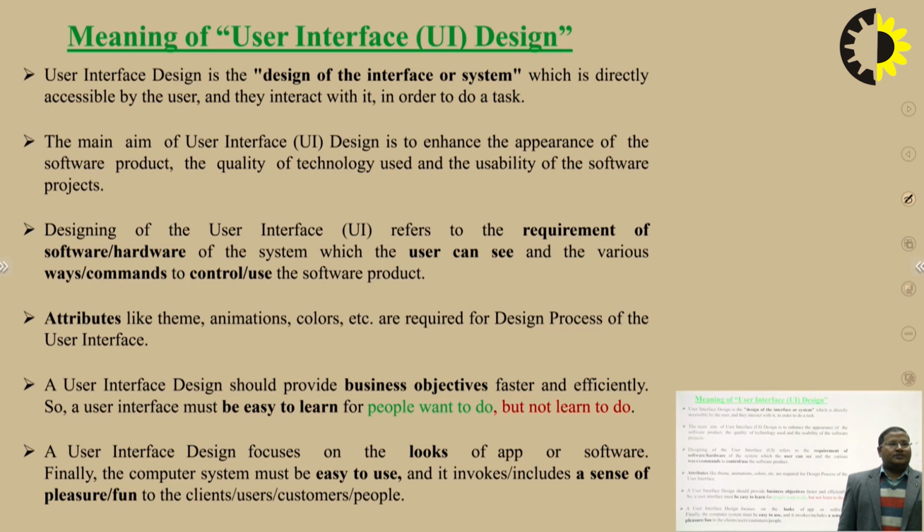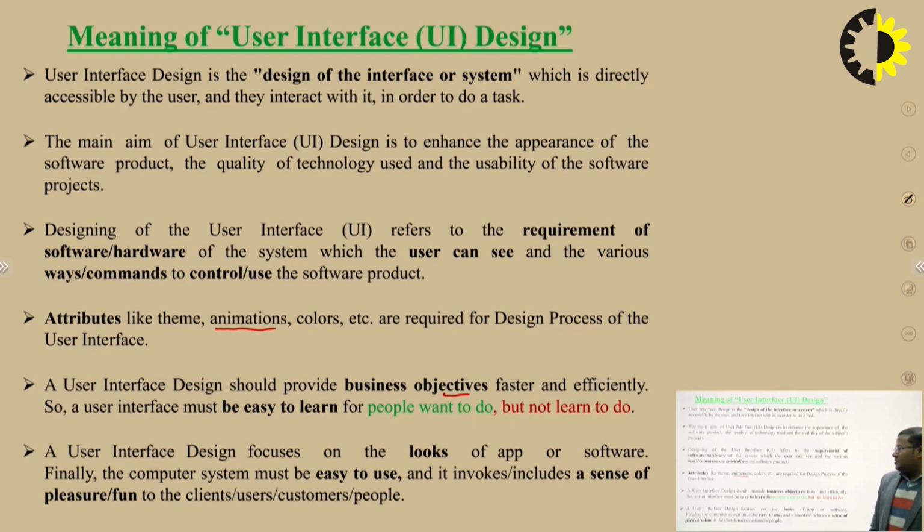Designing of the user interface refers to the requirement of software or hardware of the system which the user can see and the various commands to control or use the software product. Attributes like theme, animations, colors, etc. are required for the design process of the user interface. A user interface design should provide business objectives in a faster and efficient way.